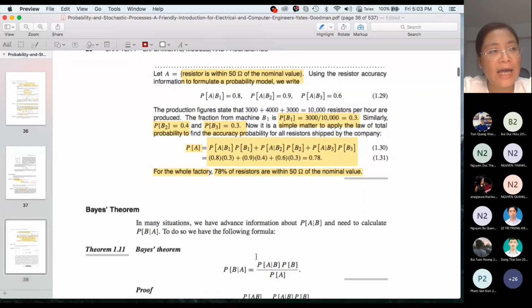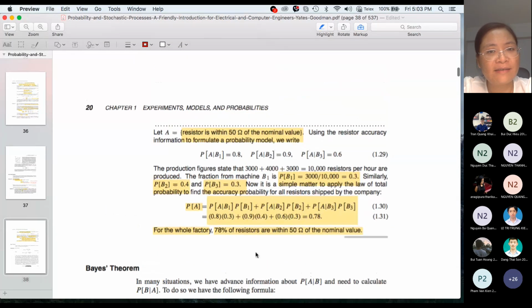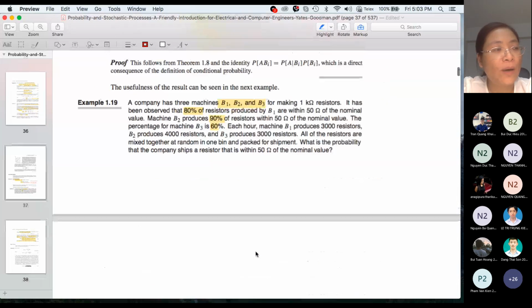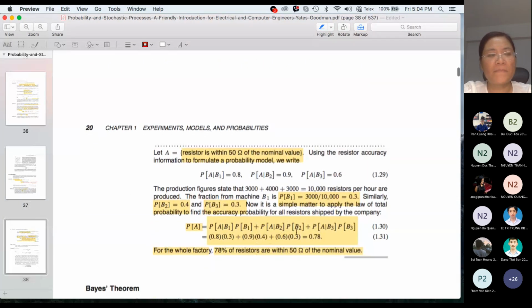Do you understand this example? If you understand, please write Y in the comment box. If you don't understand, please write N. Very good.